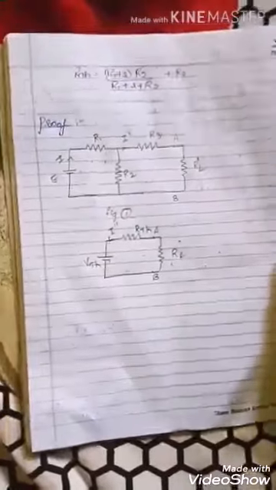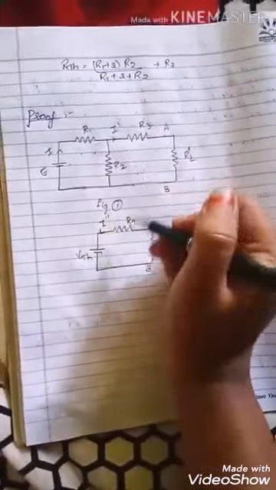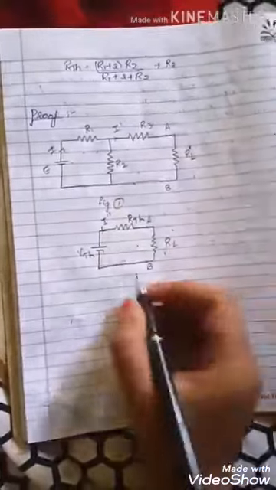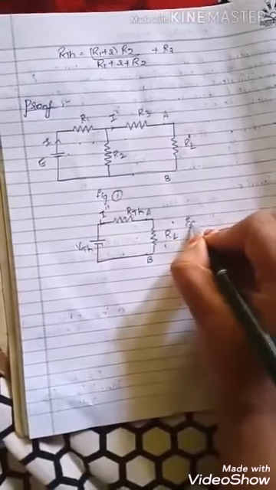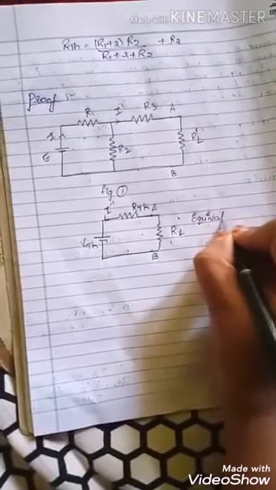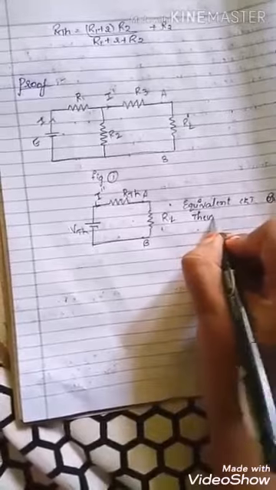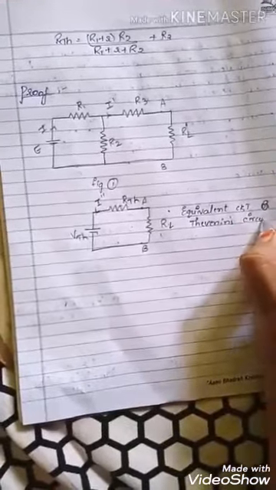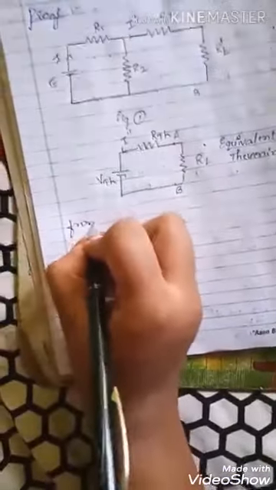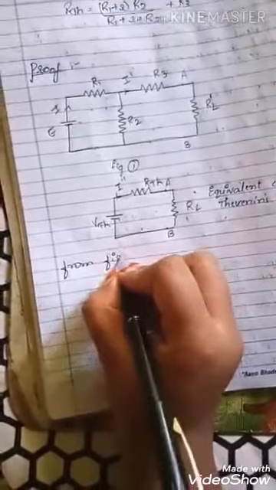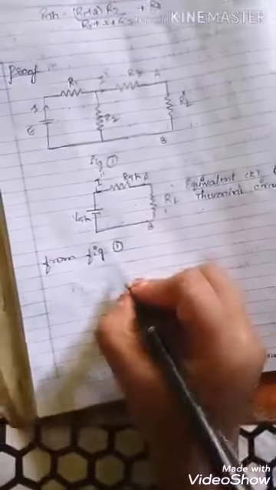In the proof, let us consider two circuits. This is circuit number 1, and this is the equivalent circuit, or Thevenin's circuit. Now from figure 1, that is the first circuit, let us take the effective resistance.